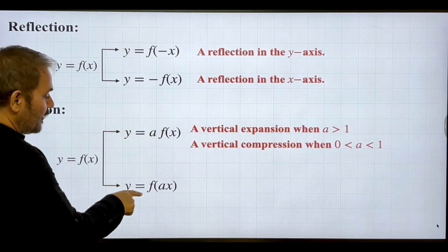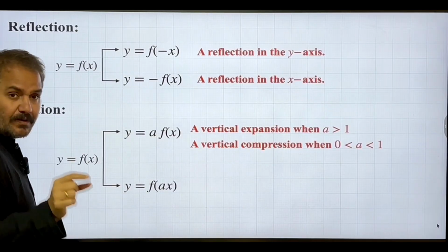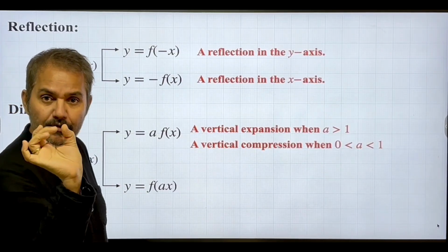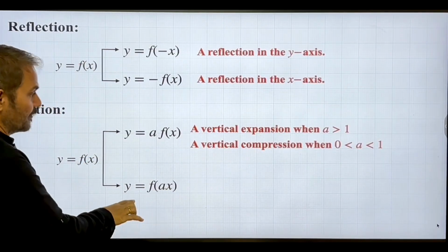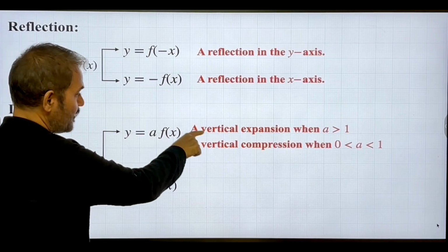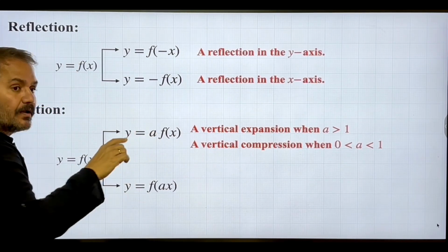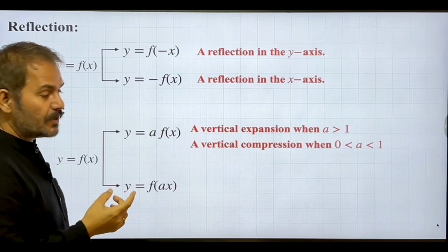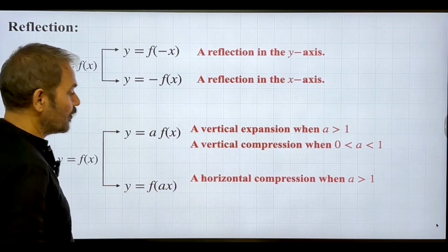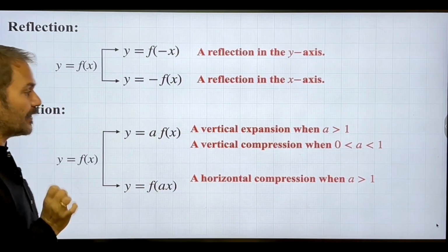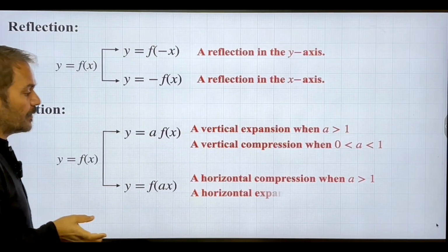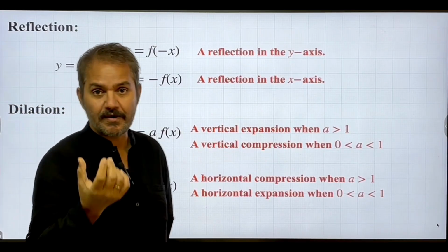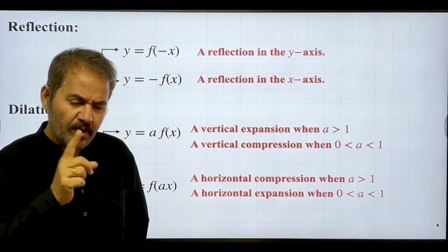And when only the x value is multiplied, you will see a horizontal compression or expansion. Please note, when a is more than 1 in the vertical case, there is expansion, but in the horizontal case, it will be a compression. So you will observe a horizontal compression when a is more than 1, and a horizontal expansion when a is between 0 and 1.